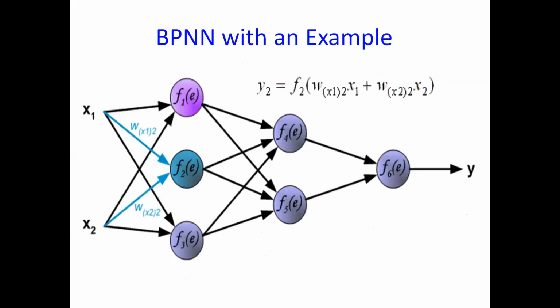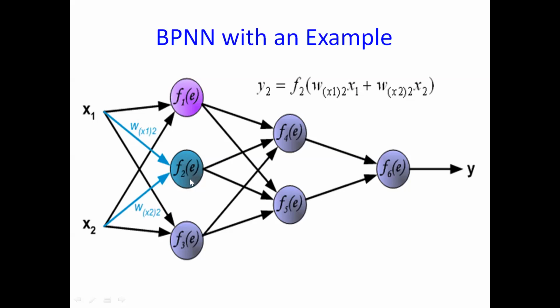Coming to the second one, when this neuron is in the picture, similarly this is the connection. Basically this is WX12, this is WX22, and this is the target neuron F2.